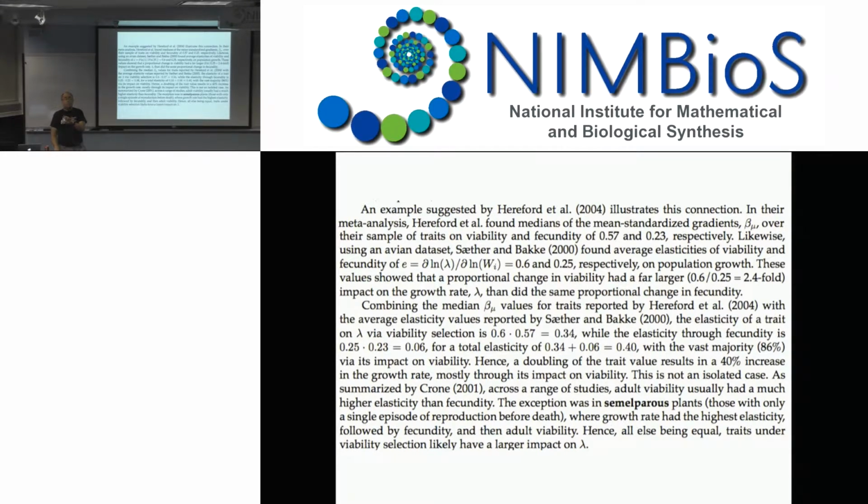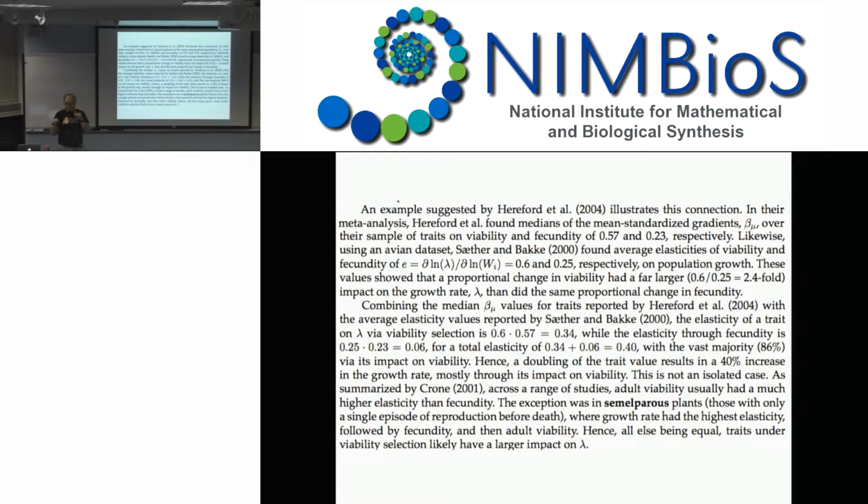So this sort of analysis shows how you can connect ecological things in terms of how different components of life history change your overall fitness with traits. How do changes in different traits affect individual life history components? Life history components on overall fitness are elasticity.